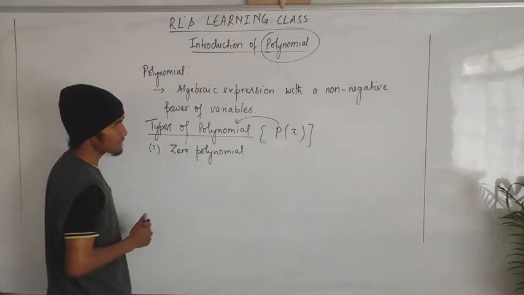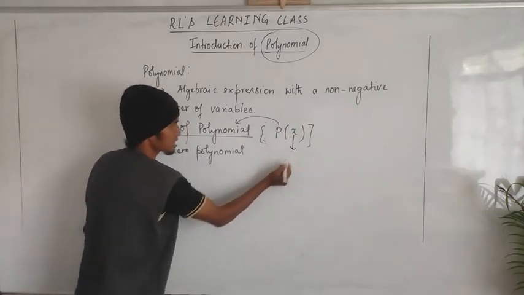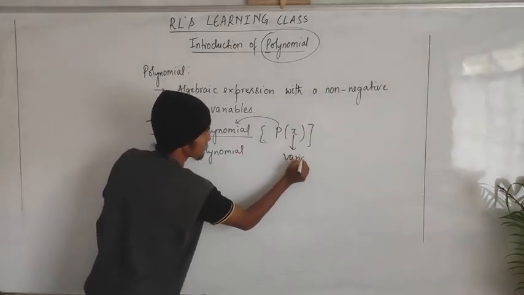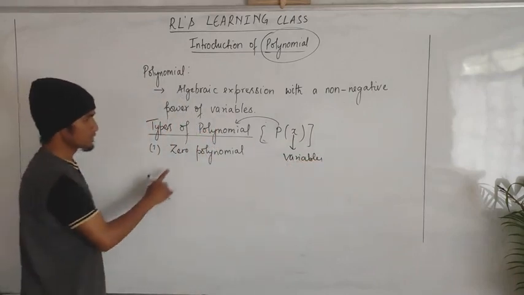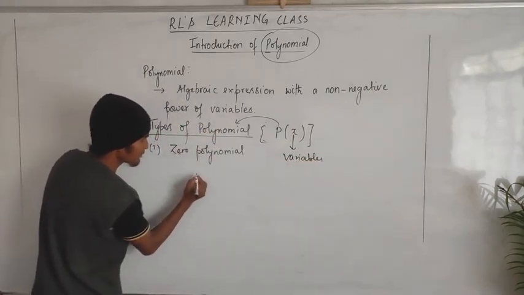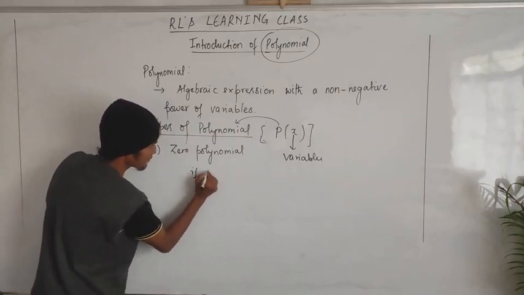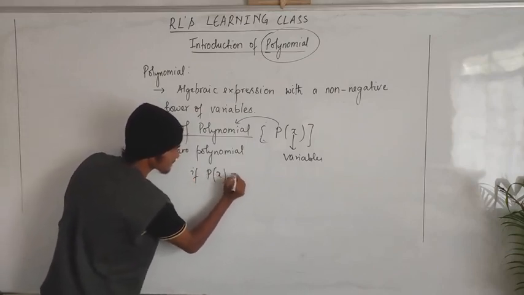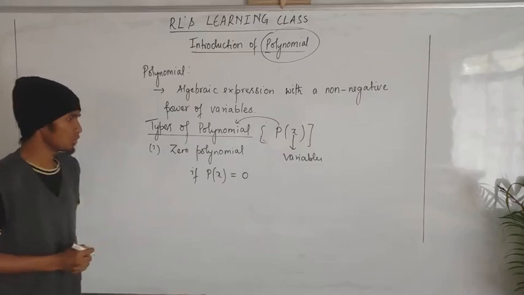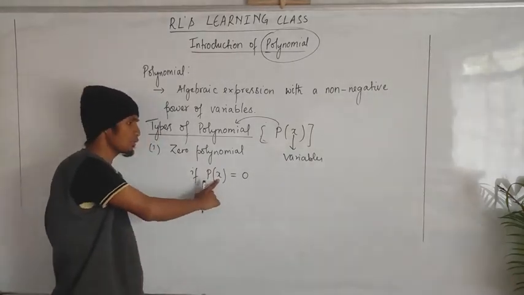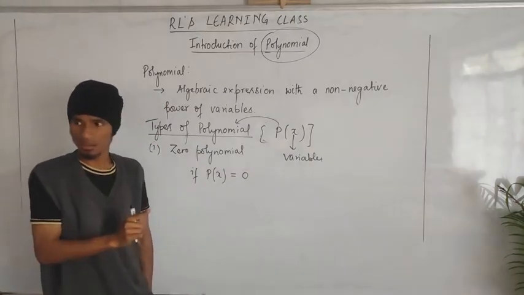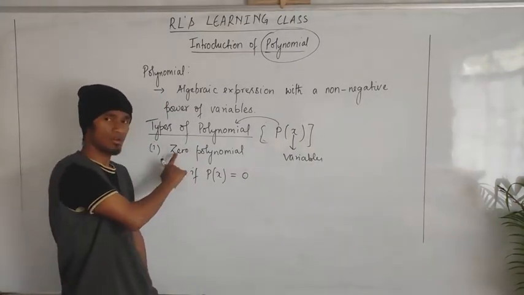Zero polynomial means if p of x is equal to 0, whatever the value of x, the polynomial is always 0, then that is called a zero polynomial.